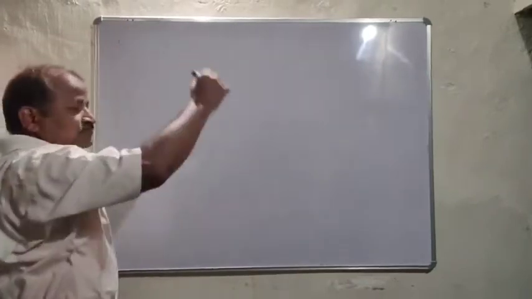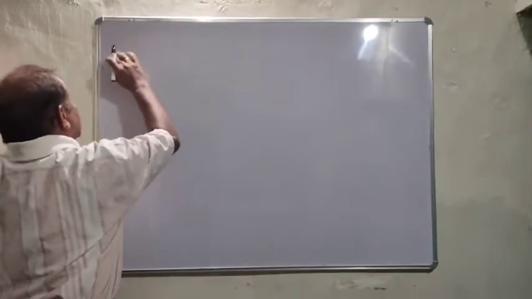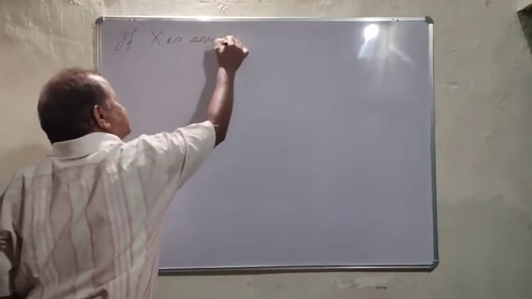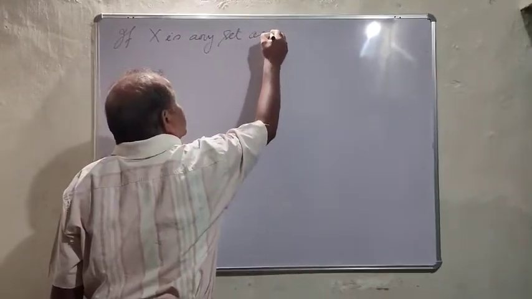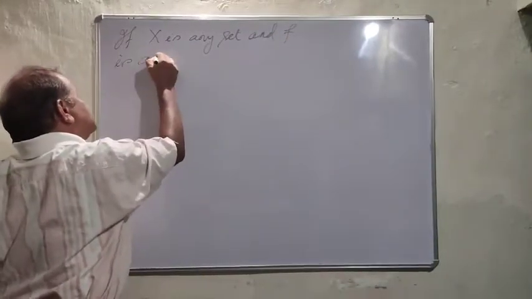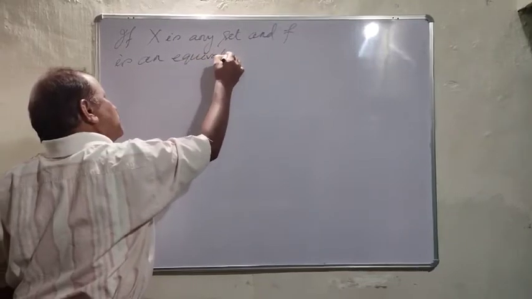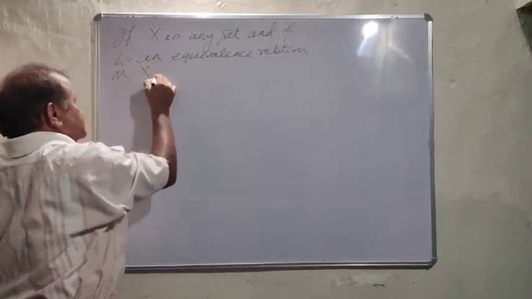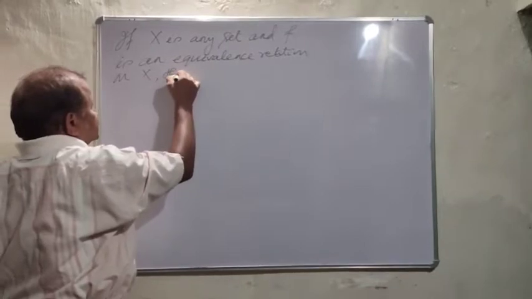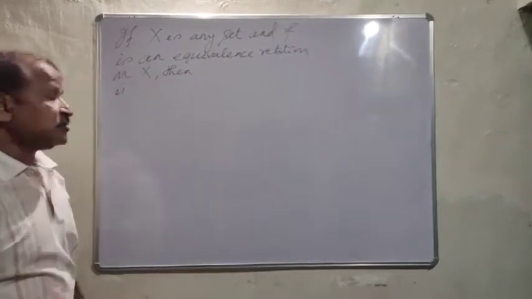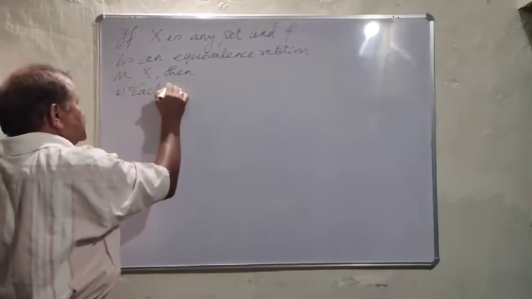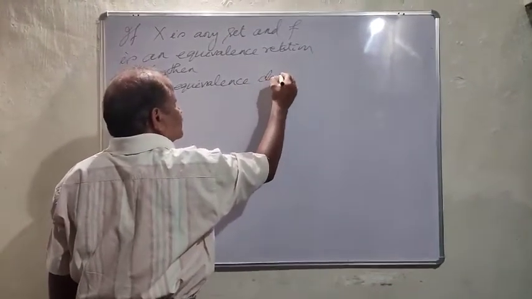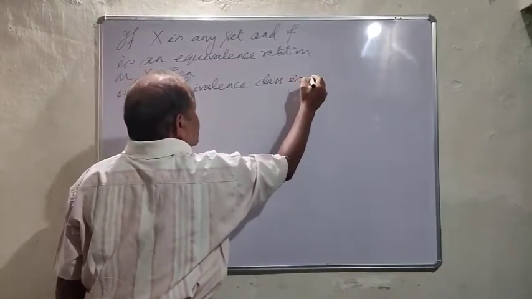Number one. If X is any set and F is an equivalence relation on X, then number one, each equivalence class is non-empty.